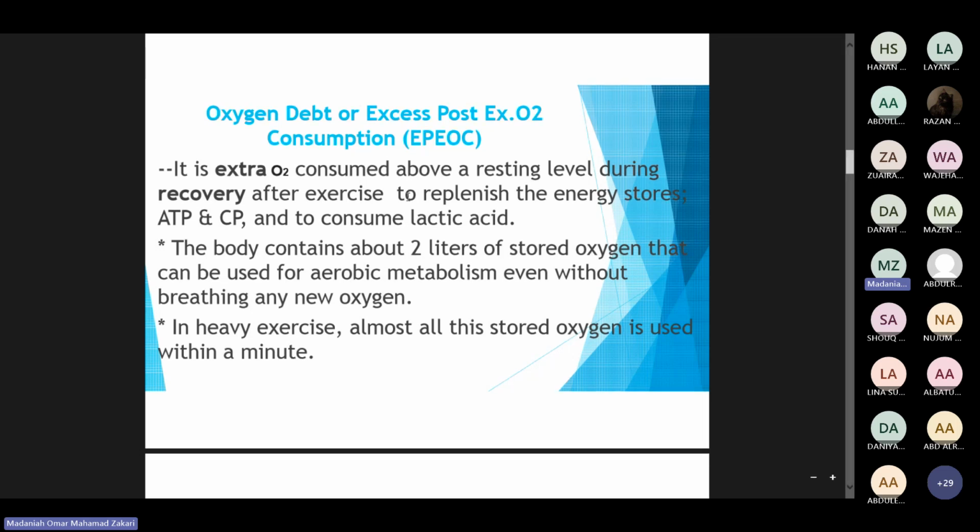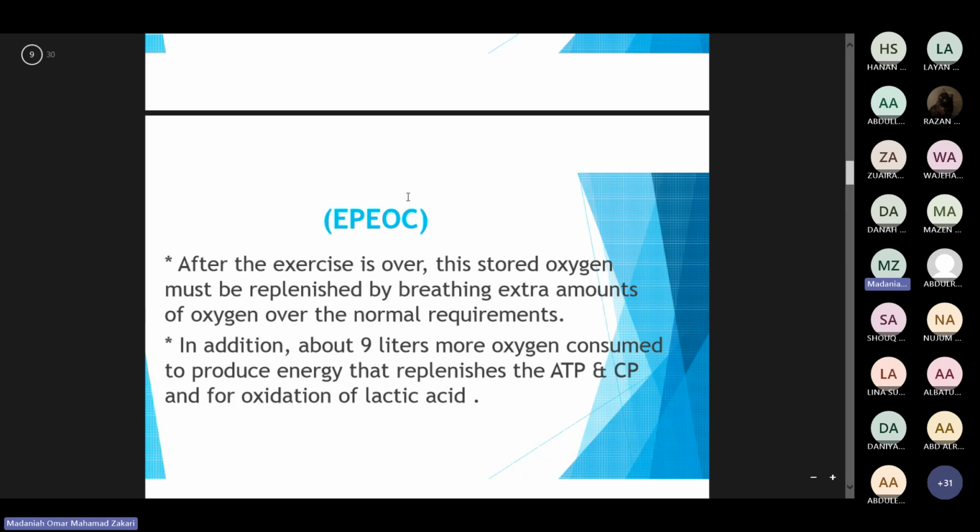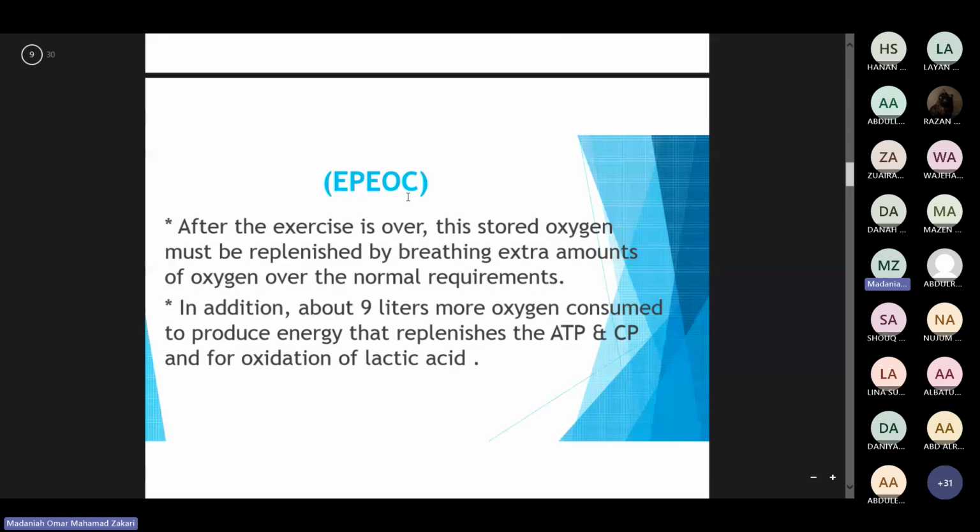After exercise you need to restore your oxygen level, so you replenish it by breathing an extra amount of oxygen over the normal requirements. When you stop exercise, in your resting condition, it's called recovery, and then you will breathe an extra amount of oxygen above the normal level of ventilation.